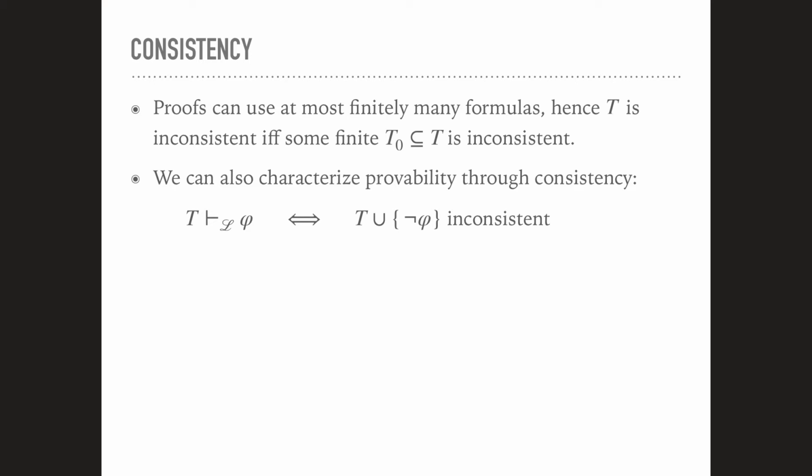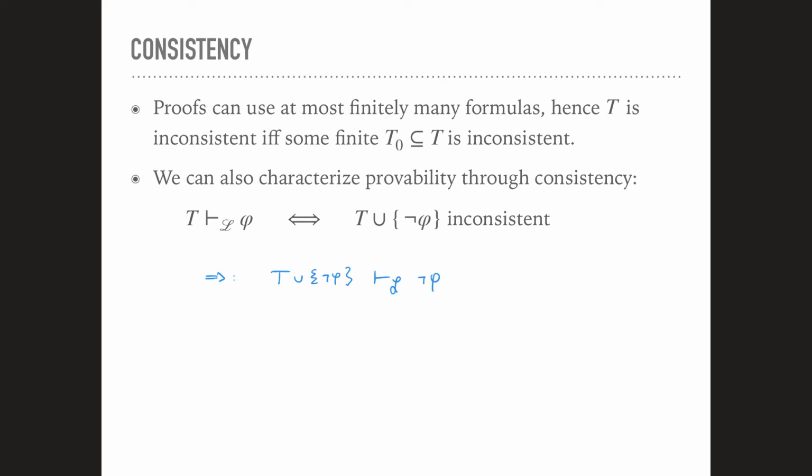If you try to prove this now, you see that one direction is actually quite easy. Namely, if you know that T proves phi, but you also see that T union not phi clearly proves, by the definition of proof, not phi.